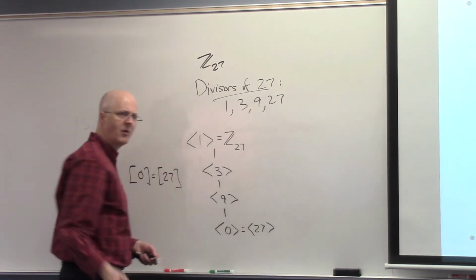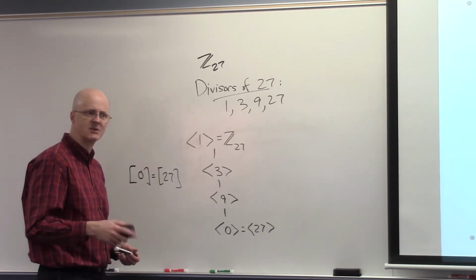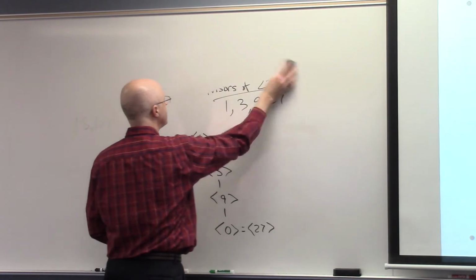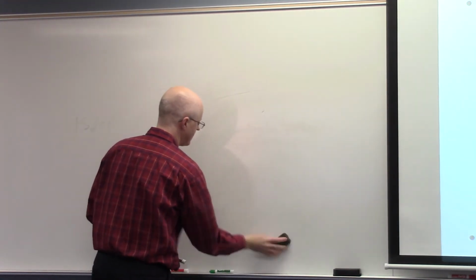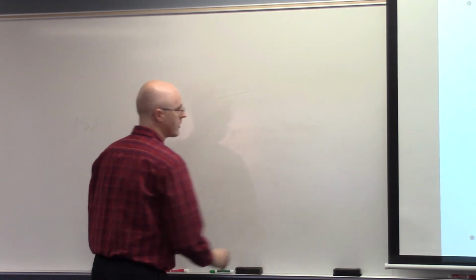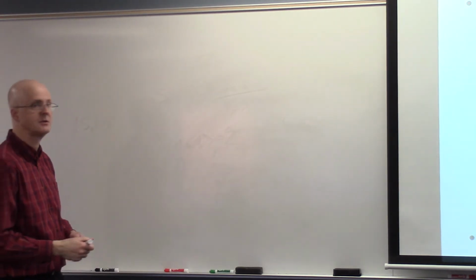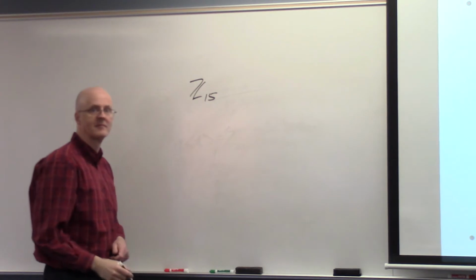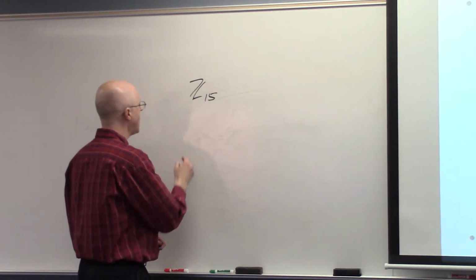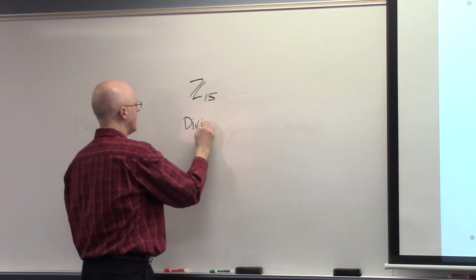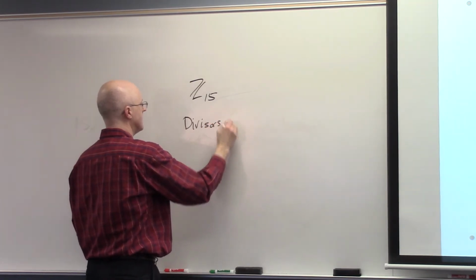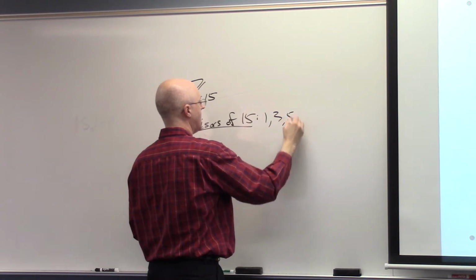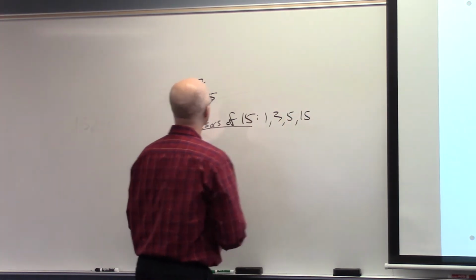You did an example where your cyclic group had order p squared times q for two different primes. In between those two cases would be a case where the order is p times q, the product of two different primes, like Z15, with 3 and 5 as prime divisors. Overall, the divisors of 15 are going to be 1, 3, 5, and 15.